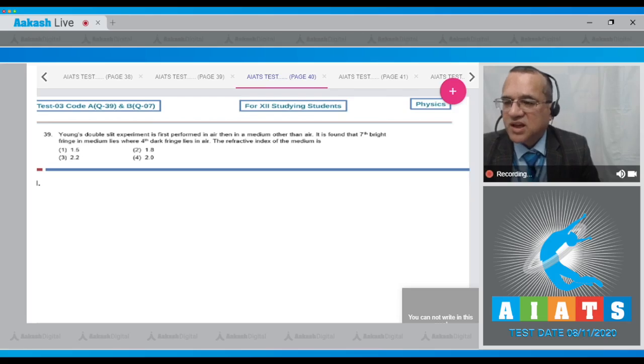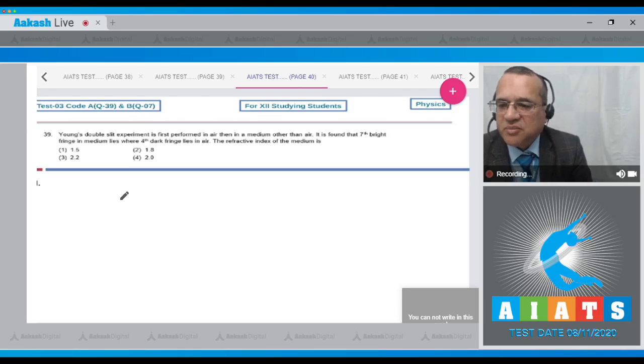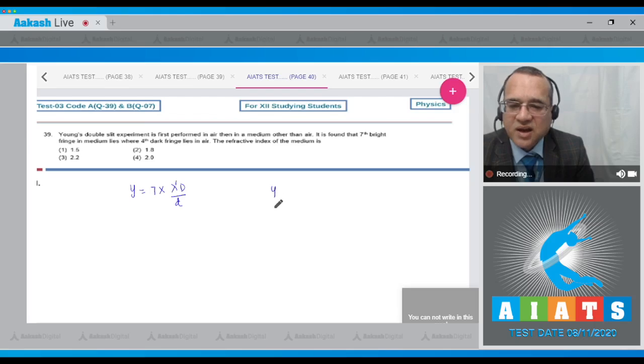Let's go to question number 39. Young's double slit experiment is first performed in air, then in a medium other than air. It is found that the 7th bright fringe in the medium lies where the 4th dark fringe lies in air. Find the refractive index. For the 7th bright fringe in the medium, the fringe width will be lambda capital D by small d, and the 4th dark fringe in air lies at 7 by 2 into beta, which is 7 by 2 lambda capital D by small d.